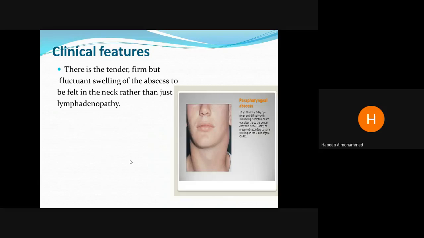And the differentiating point is that there is another swelling in the neck, a tender, firm, but fluctuant swelling of the abscess to be felt in the neck, rather than just lymphadenopathy. This is how to differentiate. It has a cervical extension rather than a purely transoral or oral extension.